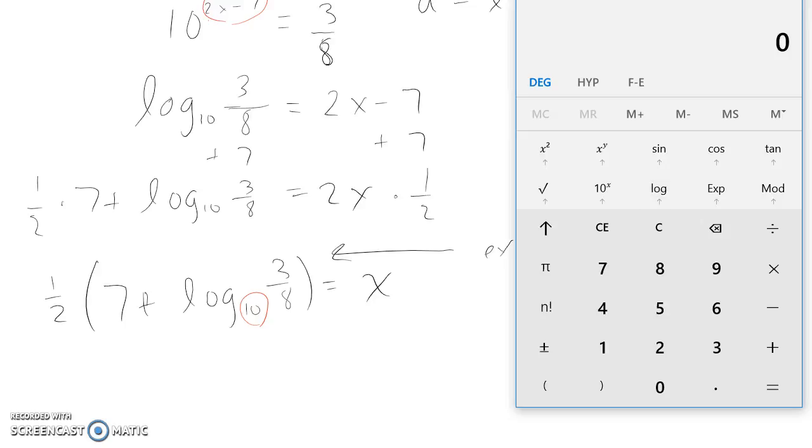So I'm going to enter my 3/8, so 3 divided by 8 equals 0.375. Now I'm going to hit the log key. That's going to give me the logarithm of 0.375. I'm going to add 7, and this whole thing times 1/2. And since I know that 1/2 is 0.5, I'll put 0.5.